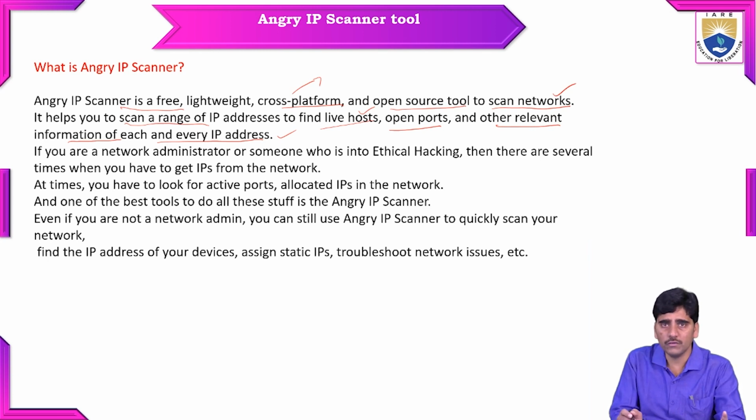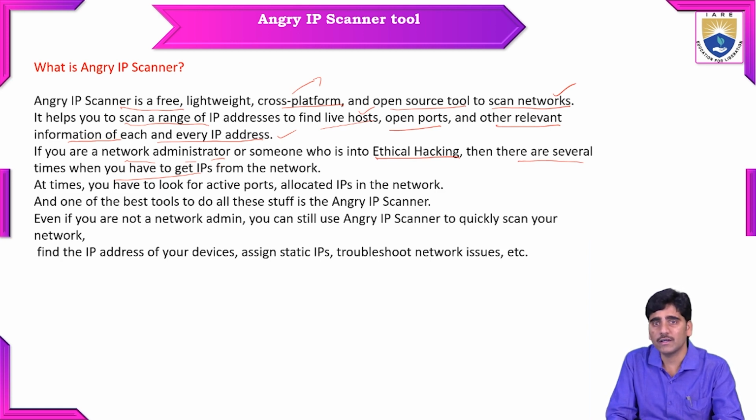If you are acting as a network administrator or someone into ethical hacking, there are several times when you have to get IPs from the network. You will get different types of IPs from the network.